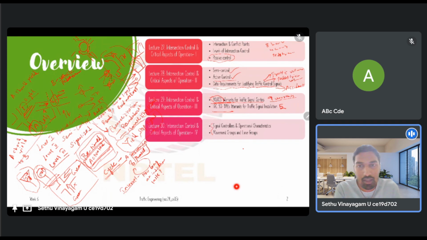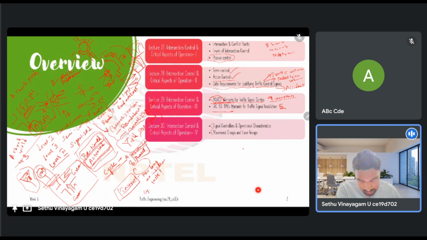We have the red signal, green signal, and amber, right? When it is green for one phase, it will be red for the other phases, and this will be there for some time, and after that time has elapsed, the signal indication will change for the approaches, right? How long it lasts is called an interval.